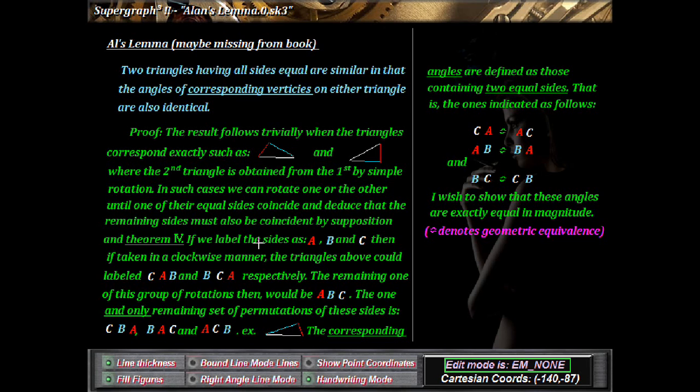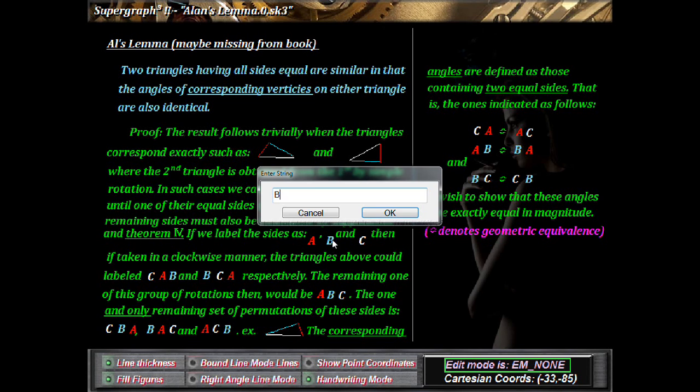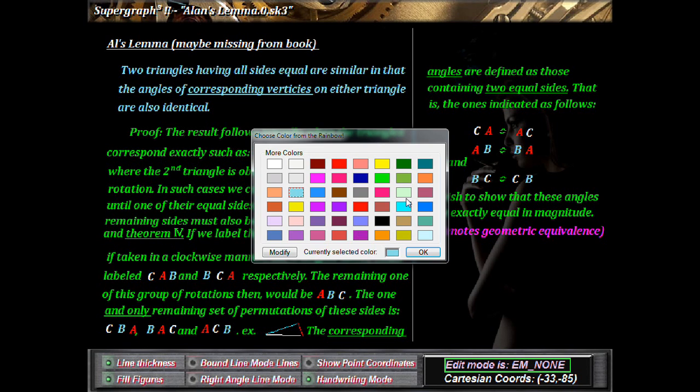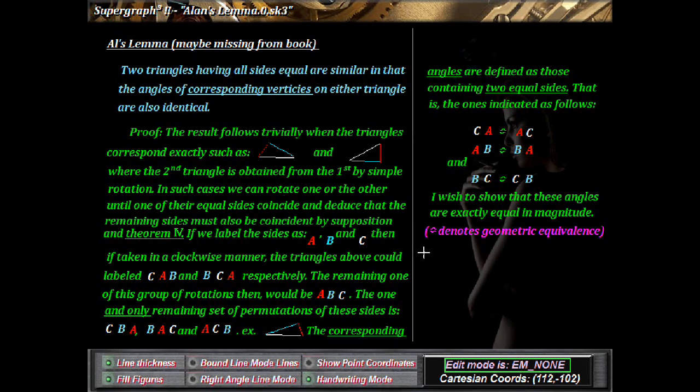Alright, now what I've done here is label the sides with the colors of the letters. It's hard to tell between B and C, but B is a bluish color. I can select it this way. Make it more blue. How about that?